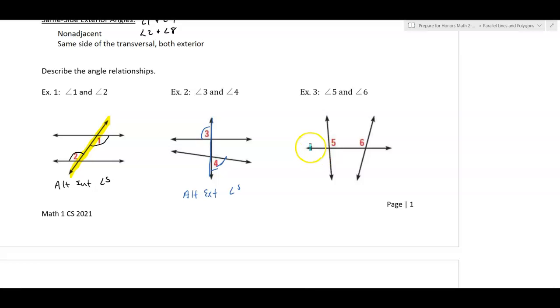Next one, if this is my transversal, these two angles are both interior and on the same side of the transversal. They're both above the transversal, so these would be same side interior angles.